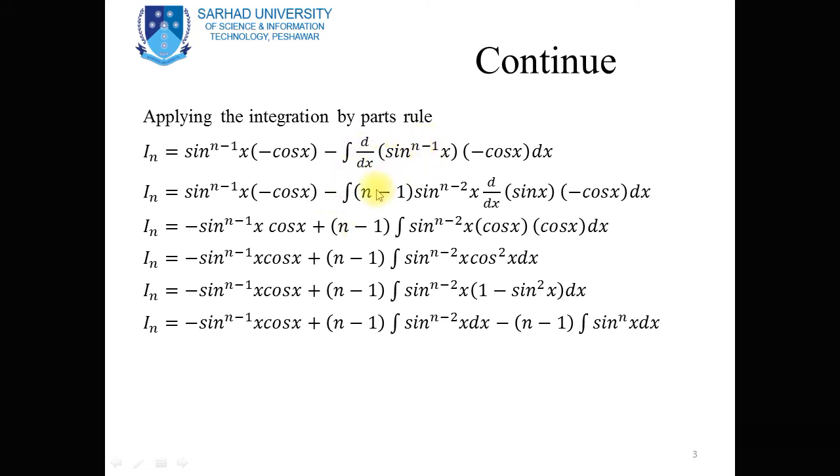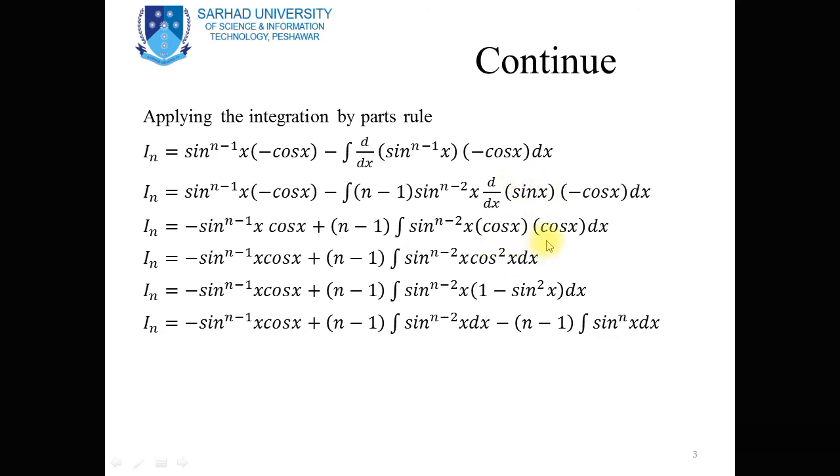By using the power rule, multiply the power n minus 1 with the coefficient and subtract 1 from the power, we can write sine x power n minus 2, and further the derivative of the base, sine x, which is cos x, times minus cos x.